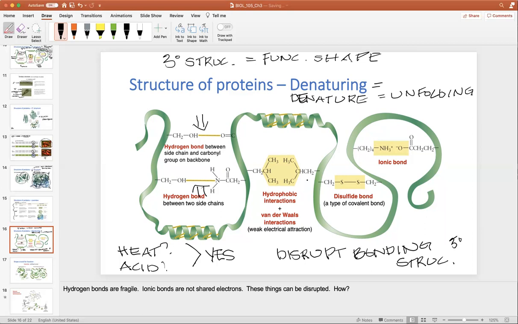If you want to think about a real-world example of protein denaturing, think about frying an egg. Okay, when you crack open an egg, you've got the egg white and you've got the egg yolk. The egg yolk is mostly fat and cholesterol. The egg white is protein. Now, what happens when you put that egg with its slimy egg white and its yolk into a frying pan?